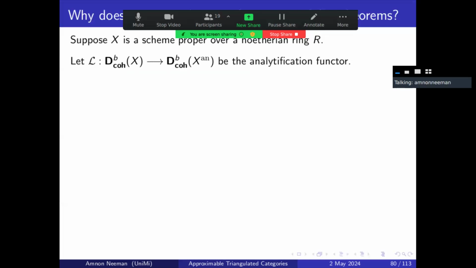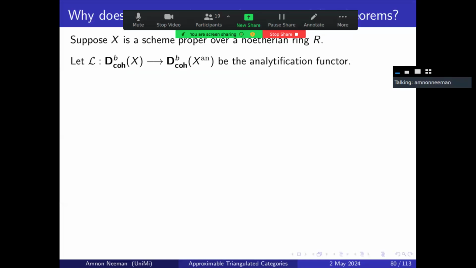And on the level of derived categories, it takes bounded complexes of coherent algebraic sheaves to bounded complexes of coherent analytic sheaves. And one way to state Serre's GAGA theorem is that the functor L is an equivalence of categories.